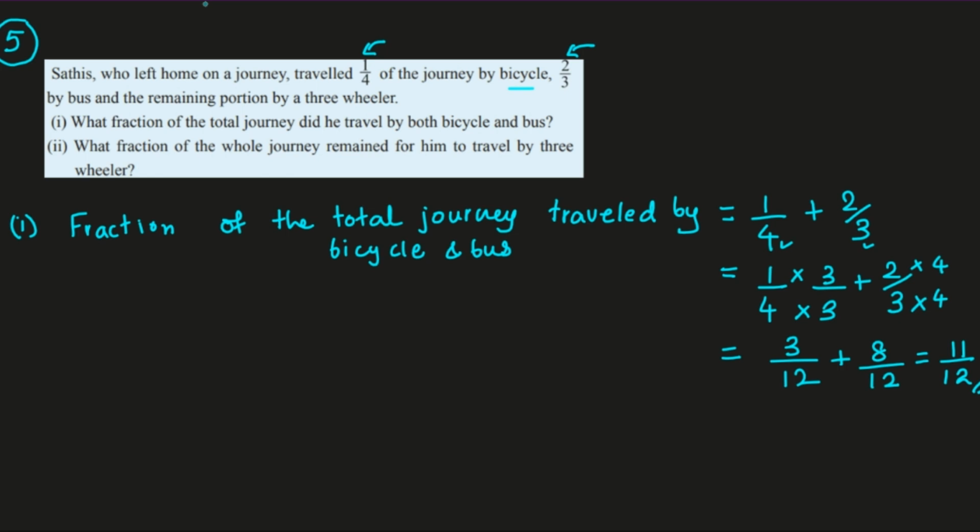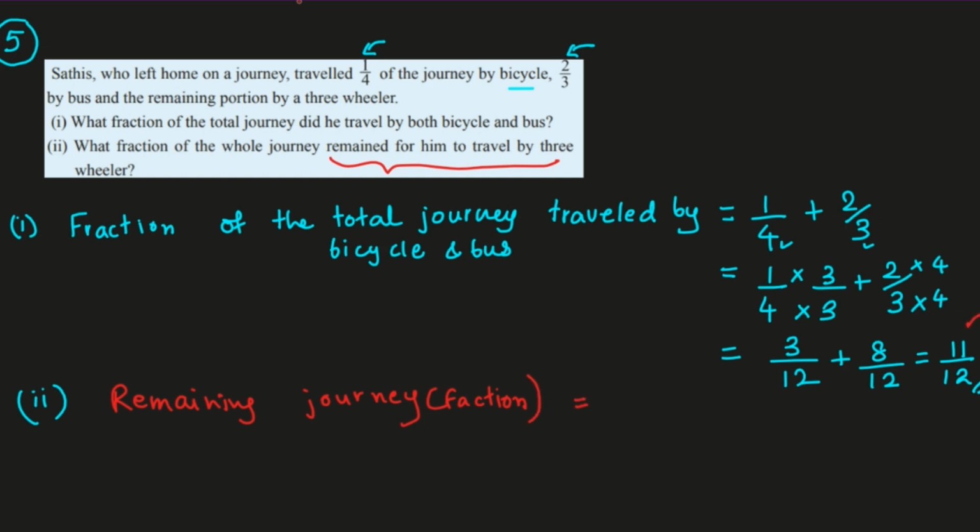So let's move on to the second question. What does it ask? What fraction of the total journey remains for him to travel by the three-wheeler? So the remaining journey will be the fraction, okay? We are going to find the fraction. You know that the total fraction that had been traveled by the bicycle and the bus is 11 upon 12.